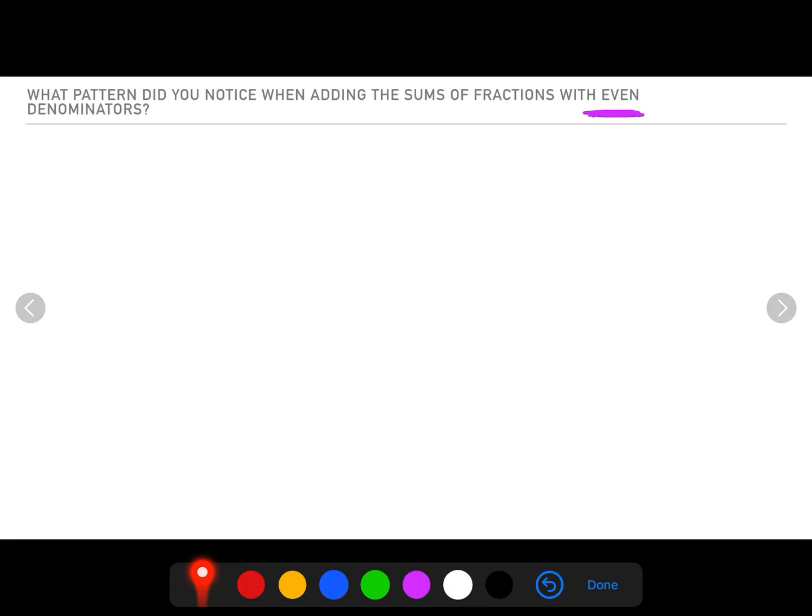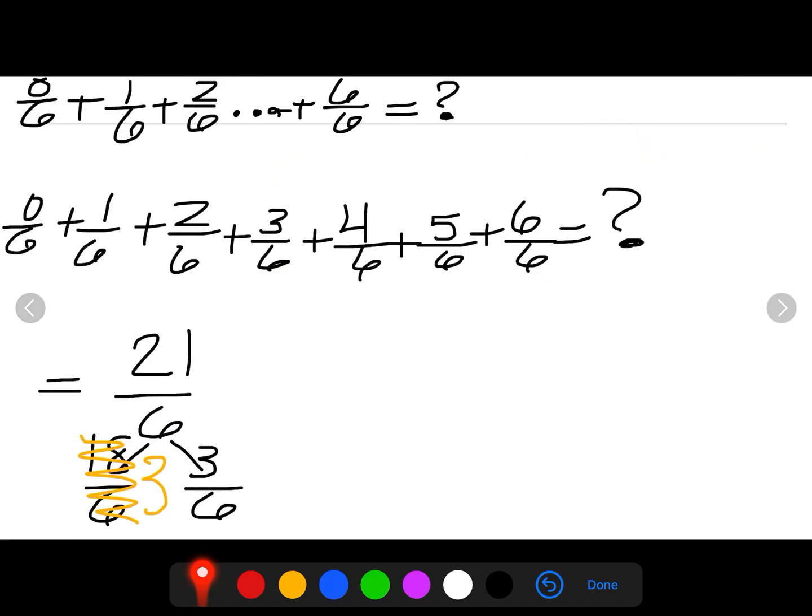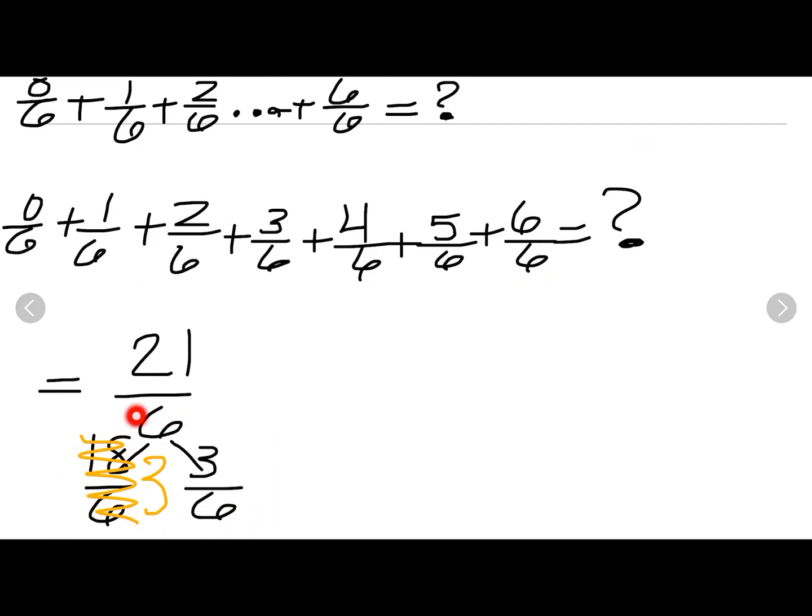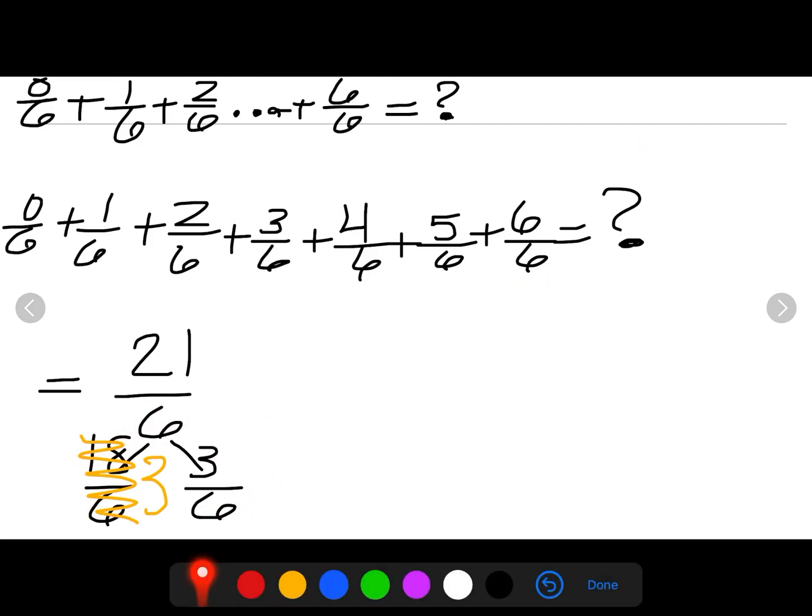What do you notice about your answers when you have an even denominator as the sum of fractions? That's right. I noticed the same thing. I noticed that my answer was a mixed number.